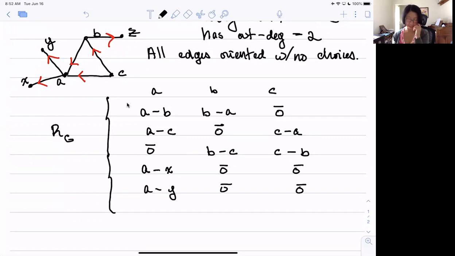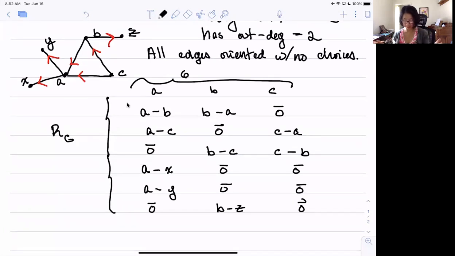And then the last tie down bar is just at vertex B, so I get 0, B minus Z, 0. Even though it looks like it's 3 columns, it's really 6 columns because each vertex has 2 coordinates. So this is a 6-column matrix, and I also have 6 rows. Then you could put something like this into MATLAB and take its determinant.